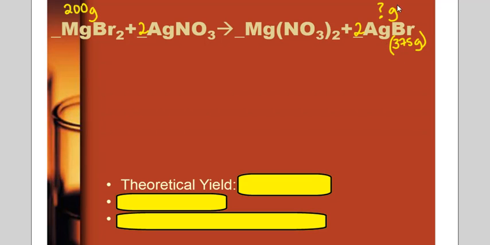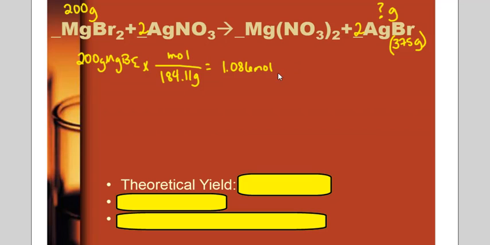So let's start our stoichiometry. We have 200 grams of magnesium bromide. We're going to convert that to moles. The molar mass is 184.11. So we get 1.086 moles of MgBr2.